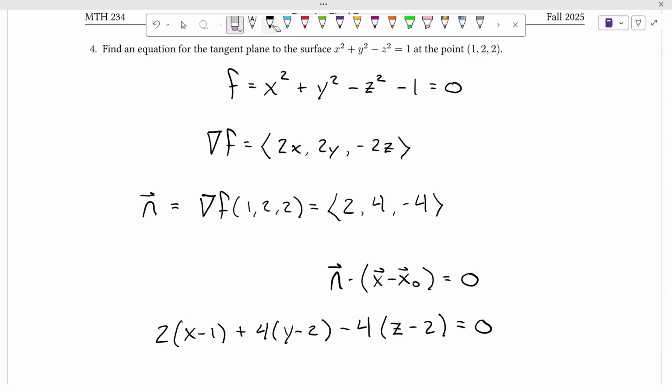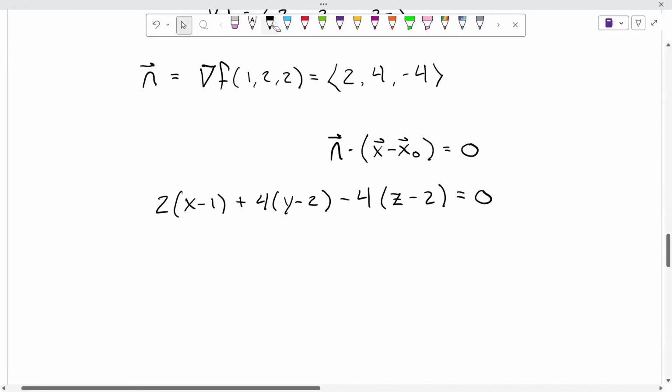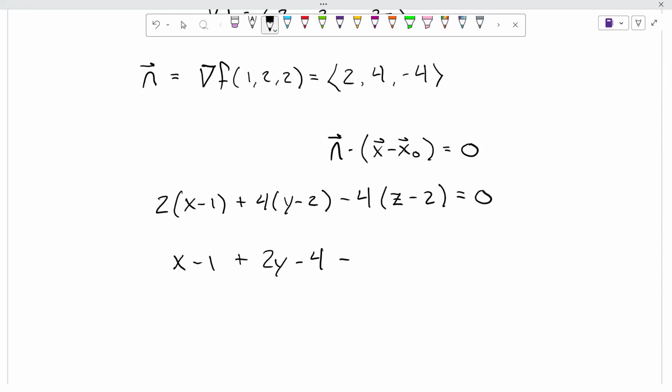If you expand it out, you get the usual a times x minus x naught plus b times and so on. So you don't really need to remember that because again, you have the equation of a plane on the formula sheet. But we do want to simplify this. So I'm going to multiply all these numbers through, and also I'm just going to divide everything by 2 because there's a common factor of 2 all the way through. So this will be x minus 1 plus 2y minus 4 minus 2z plus 4 equals 0.